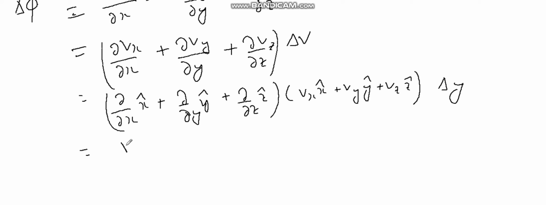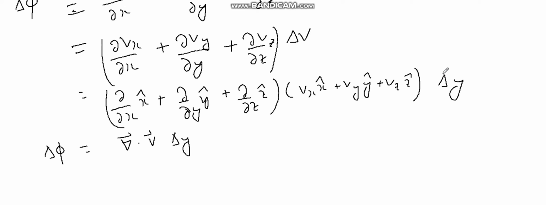We can write it as the divergence of this vector field V times d of volume, and that will give the infinitesimal flux. Of course this is not y, I made a mistake, this is d of volume.